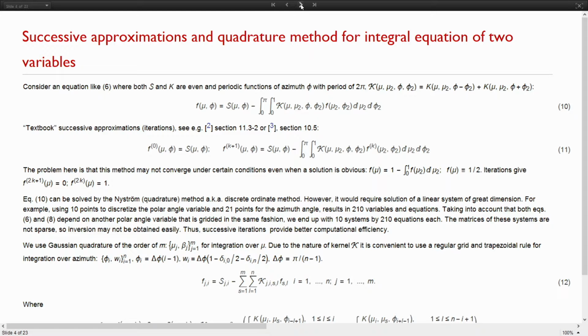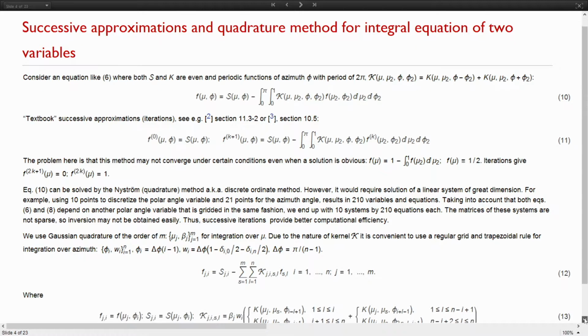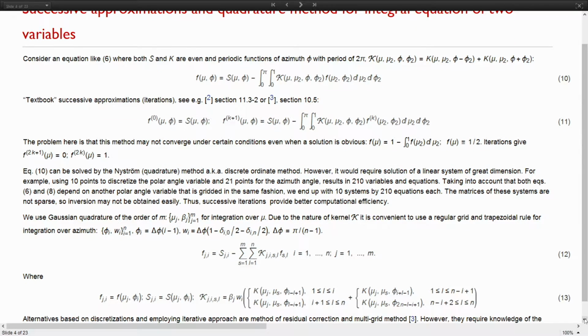The discretization I use is based on Gaussian quadrature with respect to polar variable mu and a regular grid with respect to azimuth angle phi. When I apply this discretization, I end up with the system 12, where the source vector, which is actually a matrix, f, j, i, and the matrix of the system itself, K, are given with expressions 13.